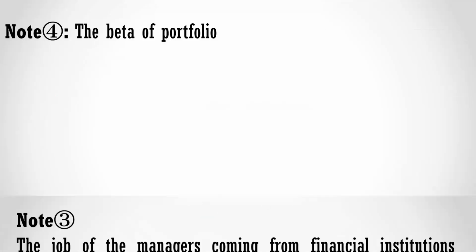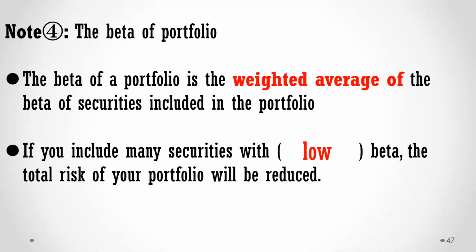Finally, I would like to summarize number 4. And let me start with the conclusion. The beta of a portfolio is the weighted average of all the betas of the securities included in the portfolio. So you can choose some assets in your portfolio, and your portfolio's systematic risk depends on the characteristics of the assets included in your portfolio.